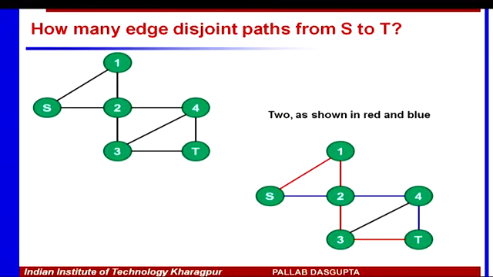And then I ask, how many can I send from S to T? So, if I have k such disjoint paths, that is k paths which do not share any edge, then I can send k items at a time from S to T, each following a path of its own. So, that is the basis of flows.